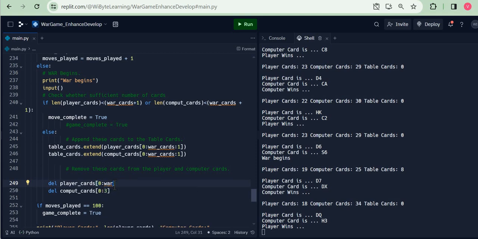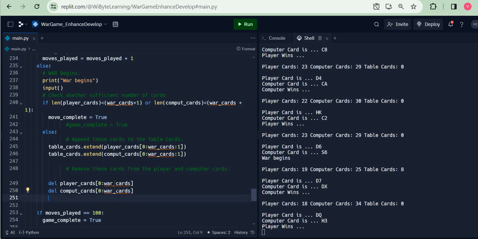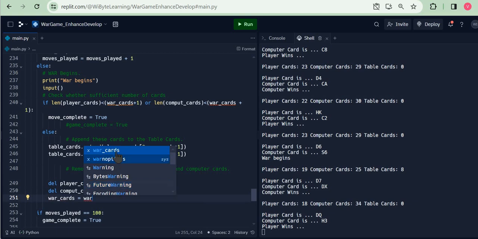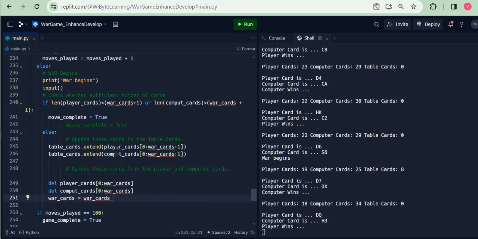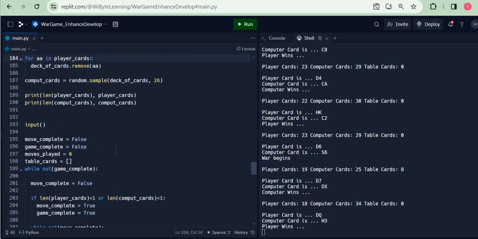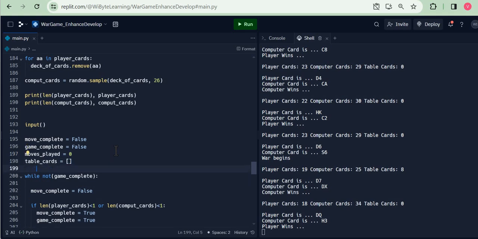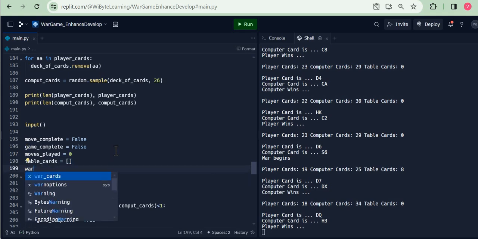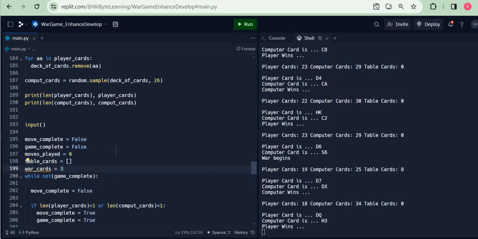So I just put war cards, and likewise over here. And then comes an important bit: I'm going to set war cards equals war cards plus 1, so that every time the game ends in a war, it increases by 1. But obviously I must first define this war cards, so I do that outside this while loop. I say war cards is equal to 3 to start with.